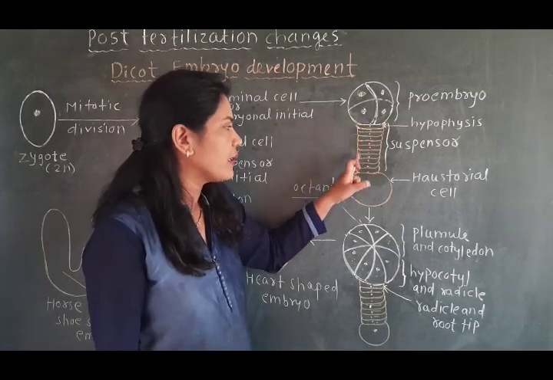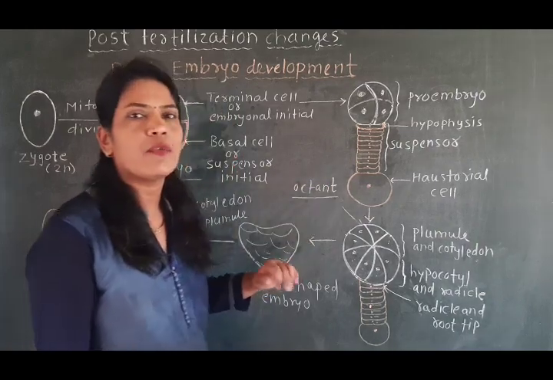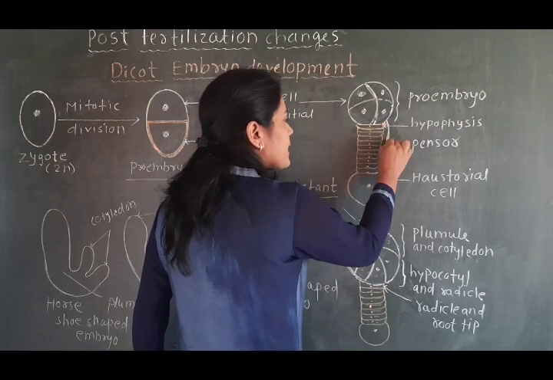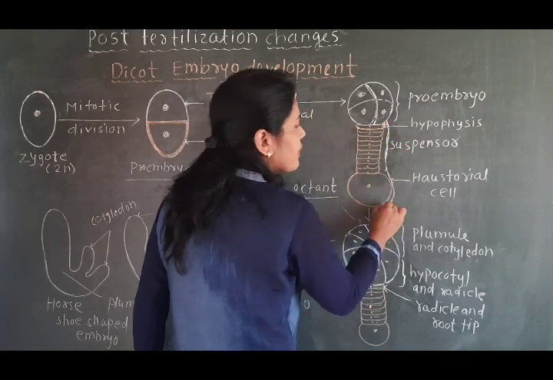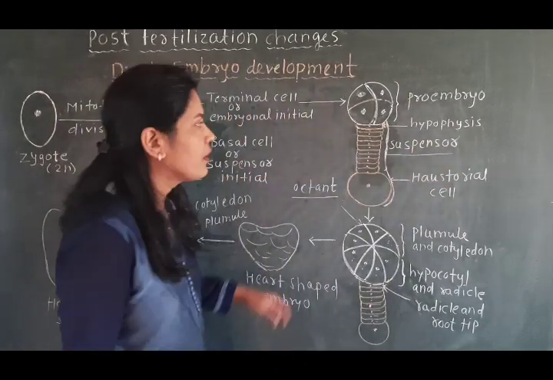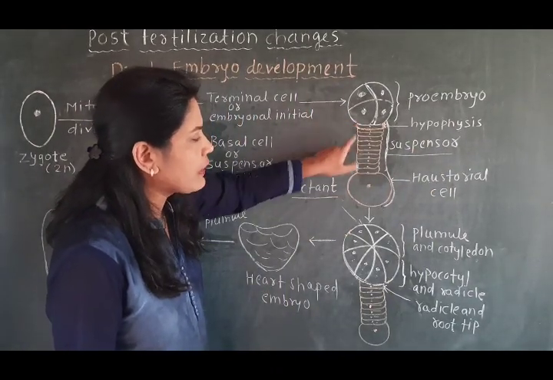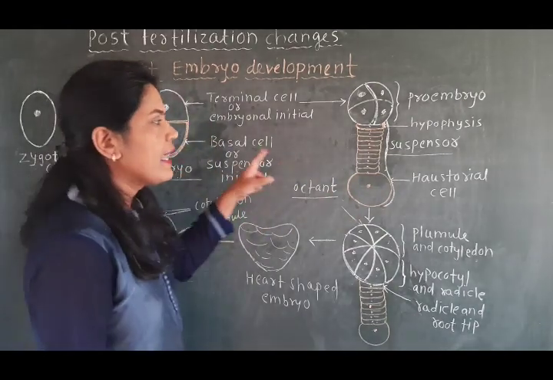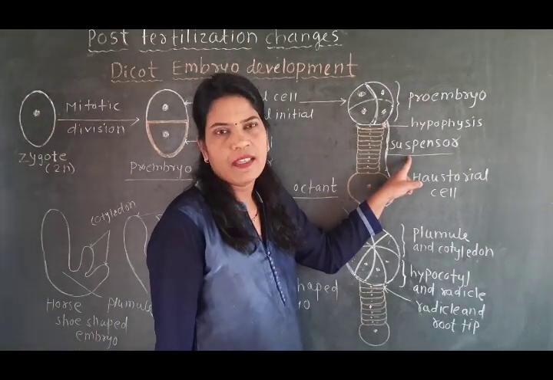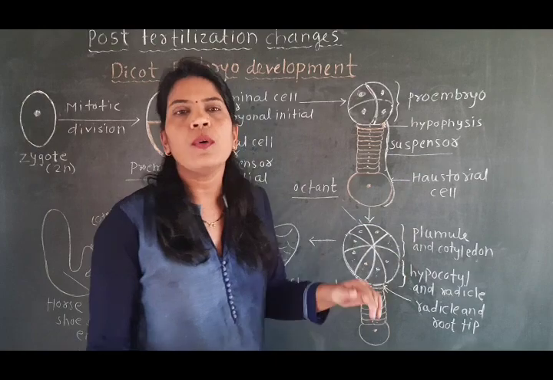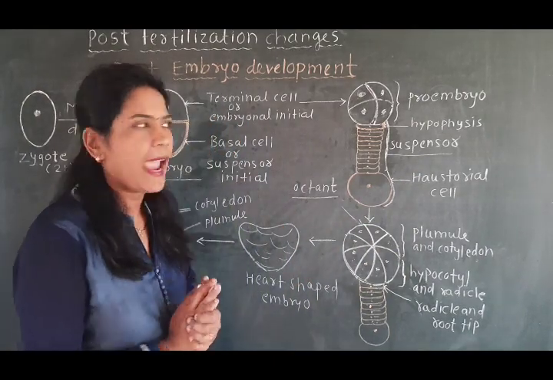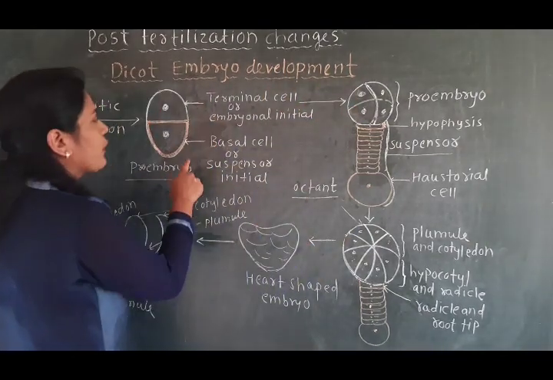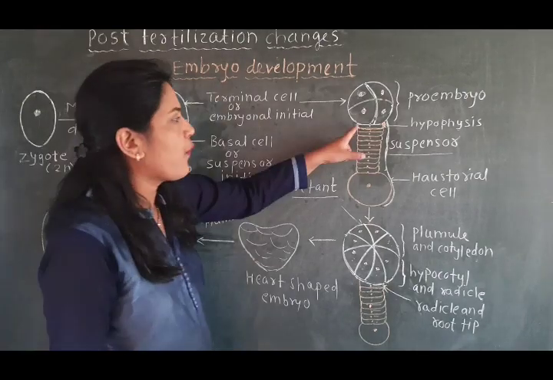This filamentous structure, formed by the division of the basal cell, we label as the suspensor. See here, this complete structure is called the suspensor. So the two important points are that the terminal cell divides and forms the octant stage, while the basal cell divides and forms the suspensor.